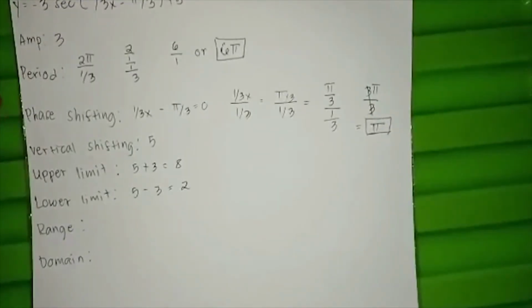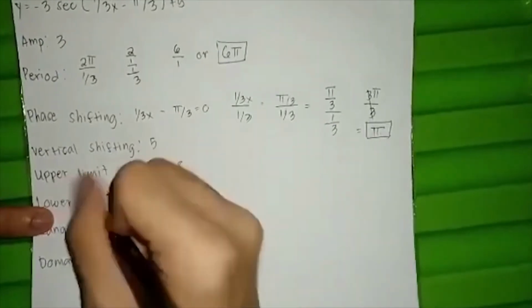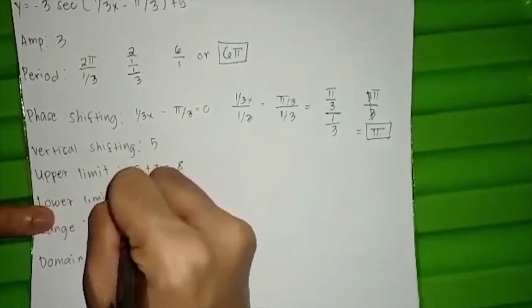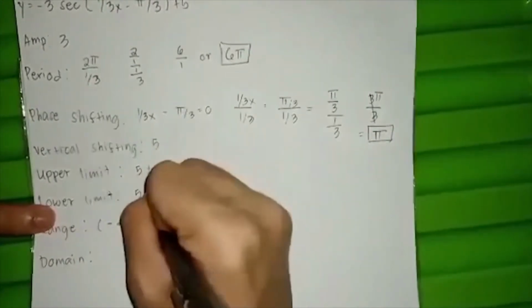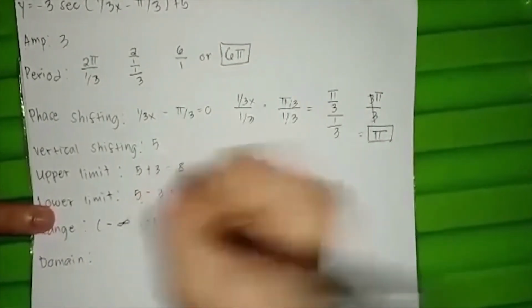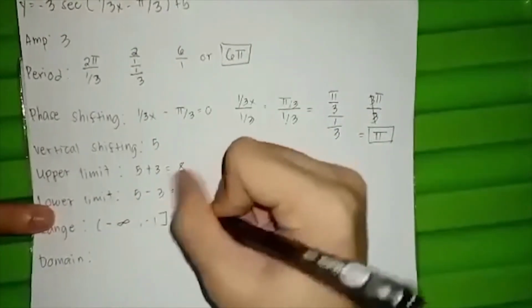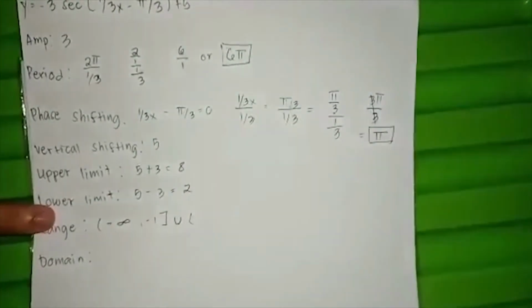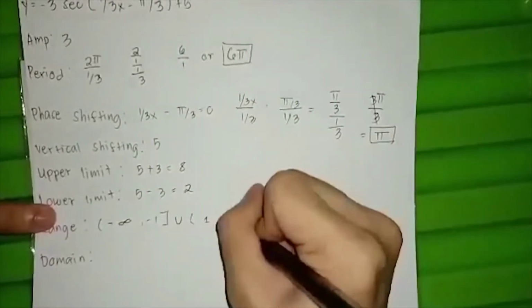Then the range is negative infinity to minus 1, then 1 to positive infinity.